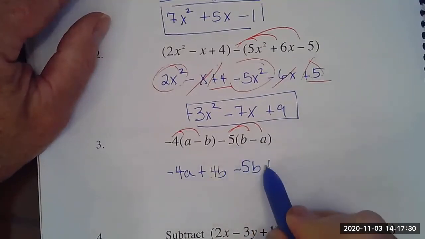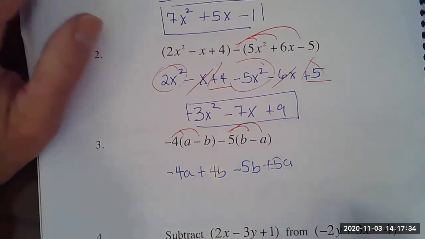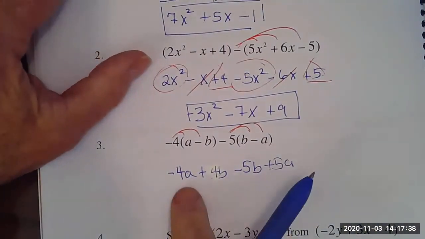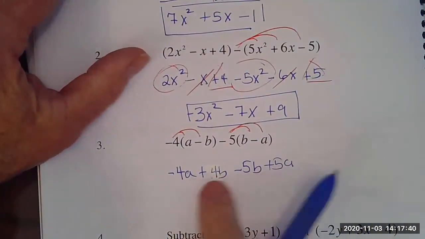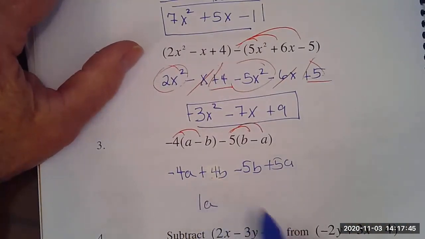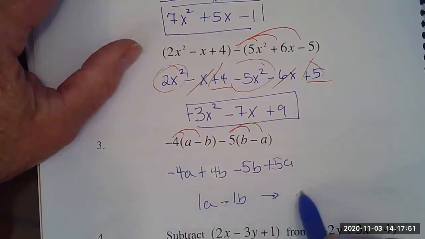Positive 5a. Combine like terms, probably alphabetical. Let's do the A's first. Combine like terms, that's -4 plus 5. 1A, don't need the 1 though, minus 1B. Best looking answer probably is A subtract B.